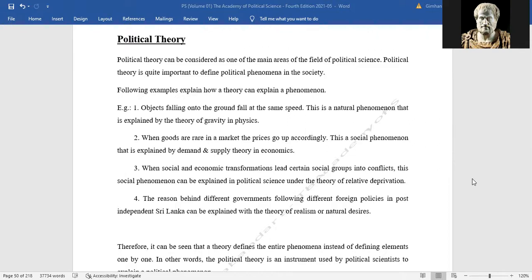The reason behind different governments following different foreign policies in post-independence Sri Lanka can be explained with the theory of realism or natural desires. Therefore, it can be seen that the theory defines the entire phenomenon instead of defining elements one by one. In other words, political theory is an instrument used by political scientists to explain a political phenomenon.